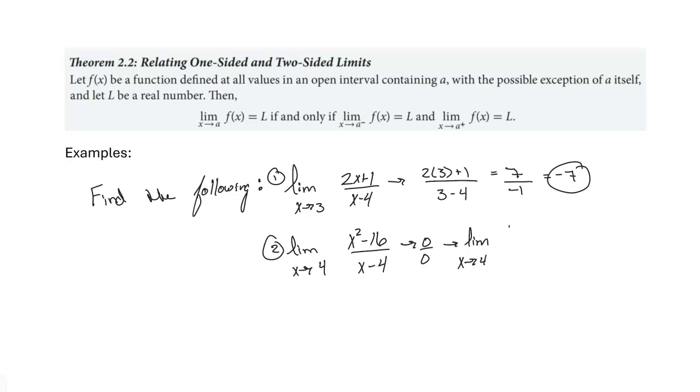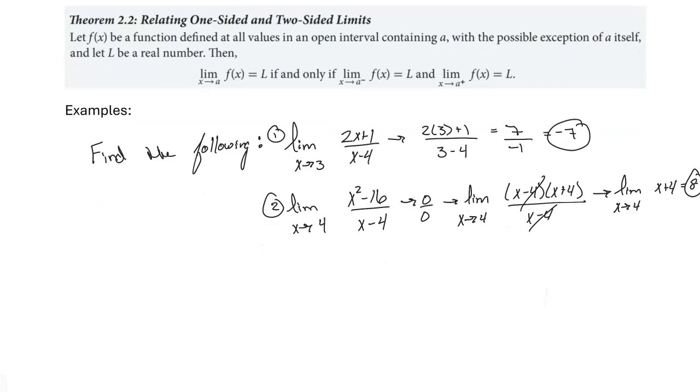Now, we know that this is going to factor and reduce. So now I'm really just finding the limit as x approaches 4 of x plus 4, and that's going to be 8. So what's happening here is that at 4, we have a hole in the graph.